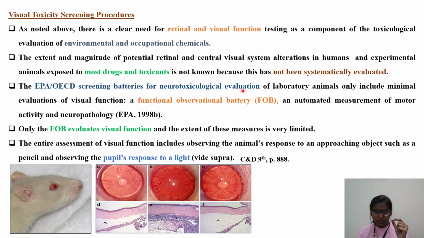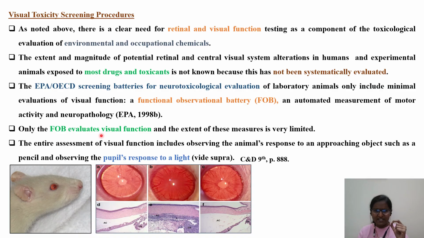Neurotoxicological evaluation of laboratory animals only includes minimal evaluations of visual inspection. What are those minimal evaluations? Functional observation battery, automated measurement of motor activity, and neuropathology. This is the reference given under EPA.